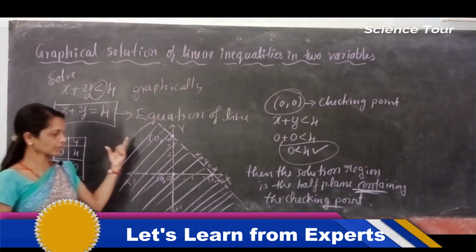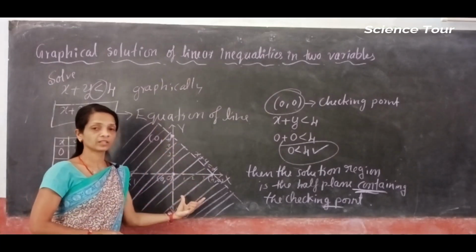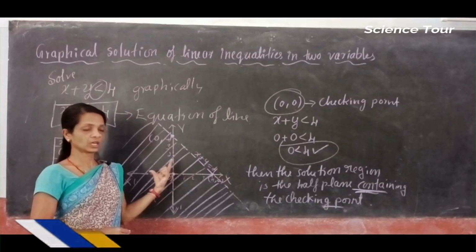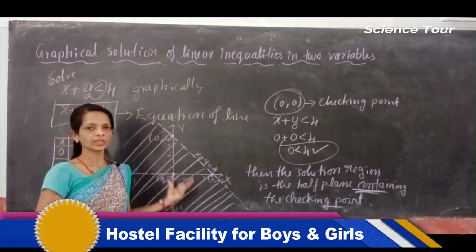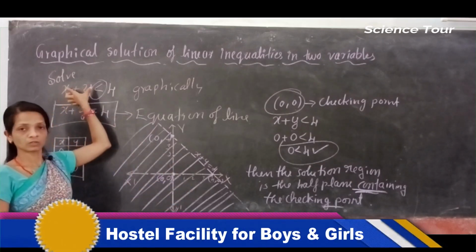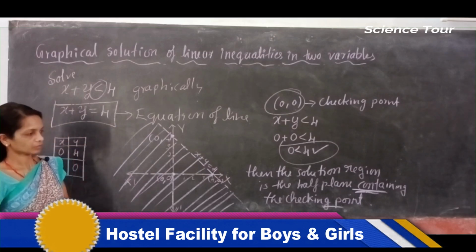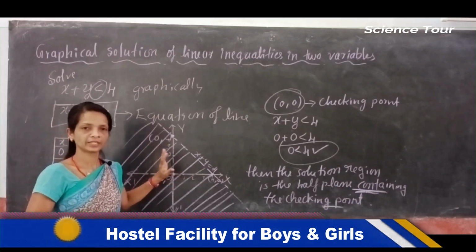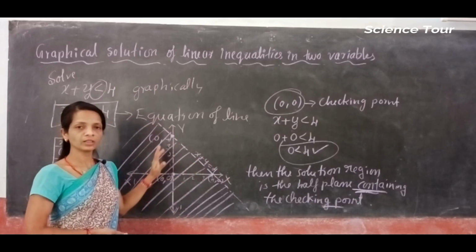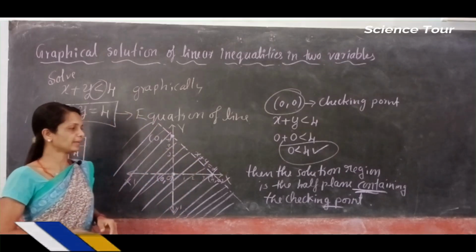Solution region means, in that region how many points are there? You have infinitely many points in that shaded region. All those points are the solutions of this inequality. Solution region means the region containing all the solutions of the given inequality.